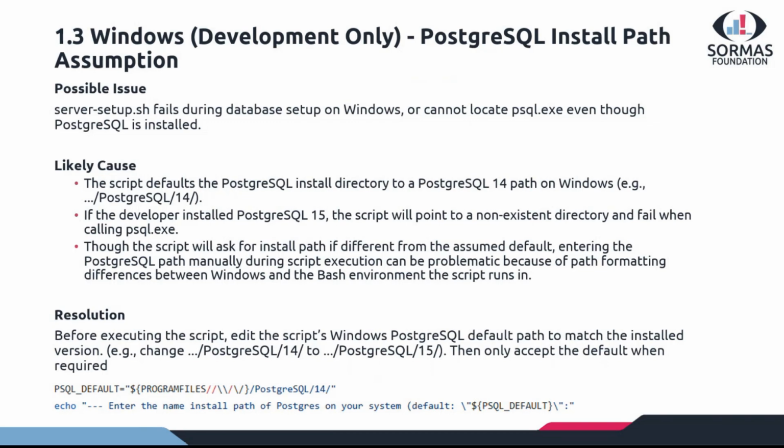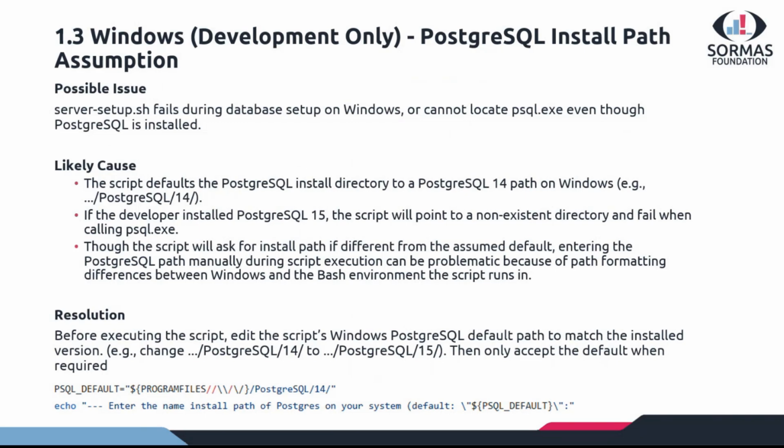So the solution to this is, before executing the script, you edit this path. Now, if you scroll down the setup script, you'll find a line where you have PSQL_default equals, and you can see it's going to Program Files, PostgreSQL 14.